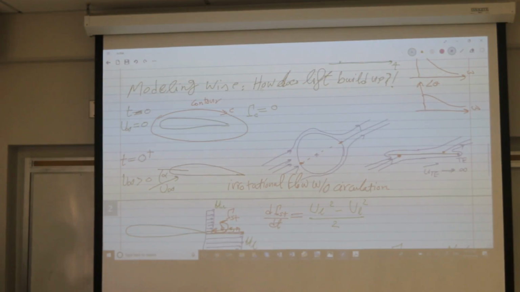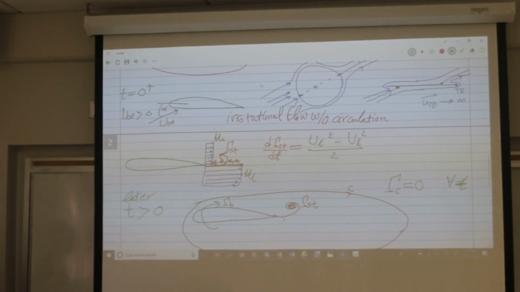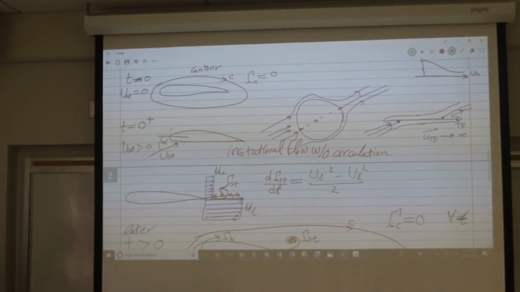Okay. Yes, later. So can you go back to the t equals 0 plus? Yes. Can you explain again why there's a huge difference in velocity in the very beginning? Because the stagnation point is on the upper surface and the flow will have to rotate around the corner. We already know if it's an irrotational flow around the corner, the flow goes to infinite speed at the trailing edge.